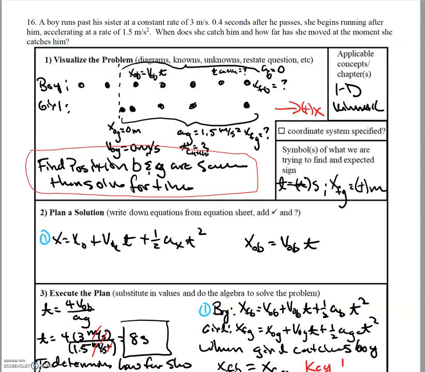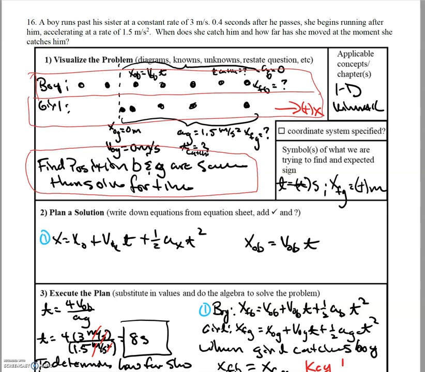You just know that those two are equal, because what you have to do is separate the motion out. We can't combine their motion together. So we have to treat the boy separately. This is just 1D motion for the boy. And then we have to treat the girl separately. This is 1D motion for the girl. We know how to do 1D motion. This is just motion in the X direction.